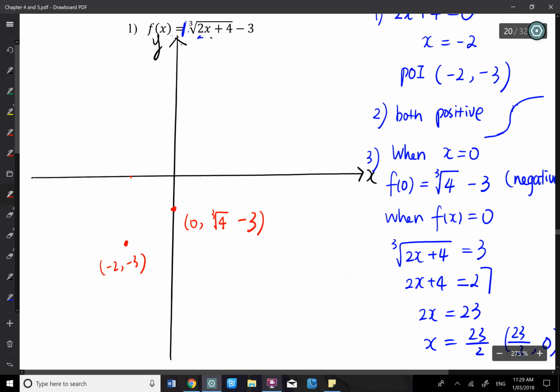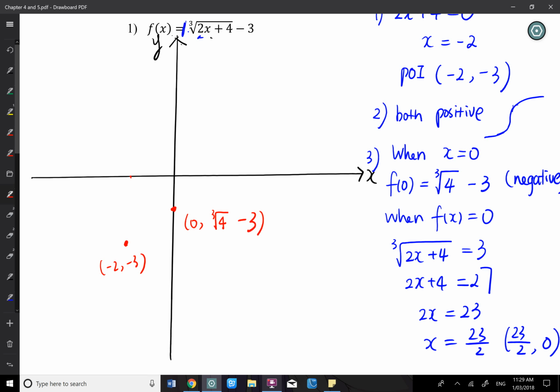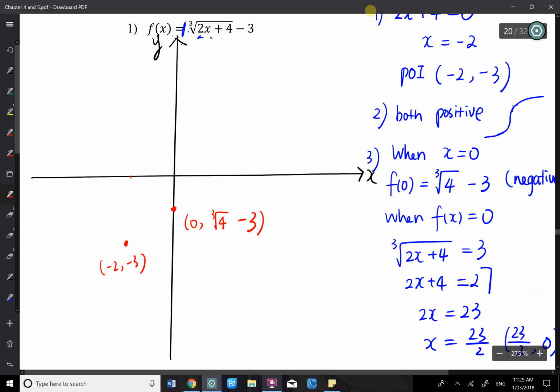And we have the x-intercept, which is that side, quite far this way, 23 over 2, comma 0. So we can connect those points first. Okay, that's the shape.